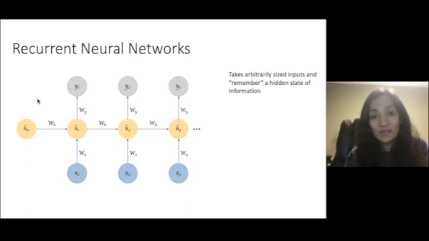This is actually the most basic function of recurrent neural networks. They can take in arbitrarily sized inputs and remember the hidden state of information. So if you could imagine that this is the instantiated network, it has a hidden state where it actually remembers because it's getting the previous hidden state.